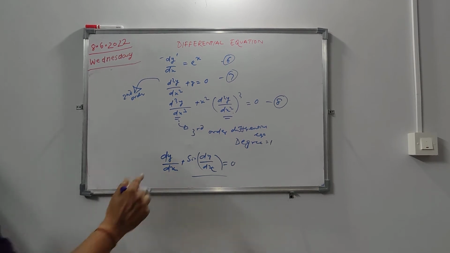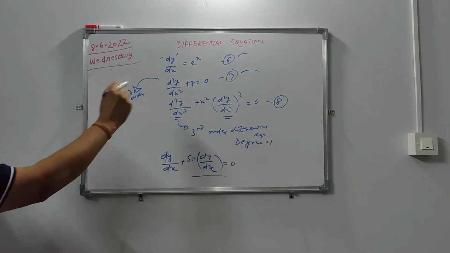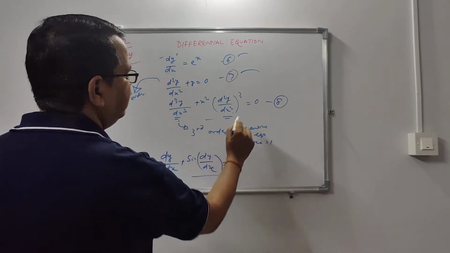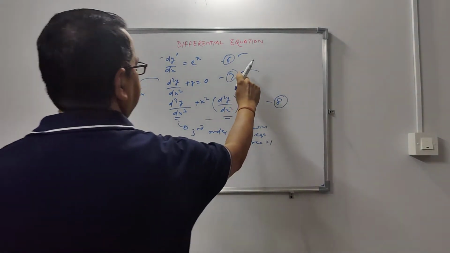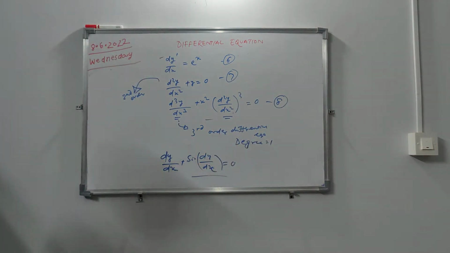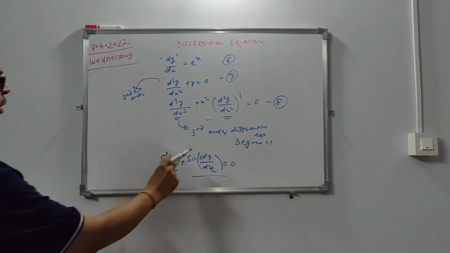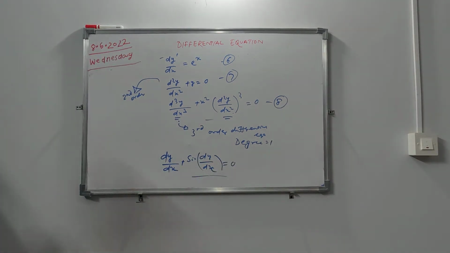Why is it so? Because these are all polynomials in the derivatives, whereas this is not a polynomial. In a polynomial, the derivative would have only constant coefficients. But here you are taking sine of this term, so it is not a polynomial.